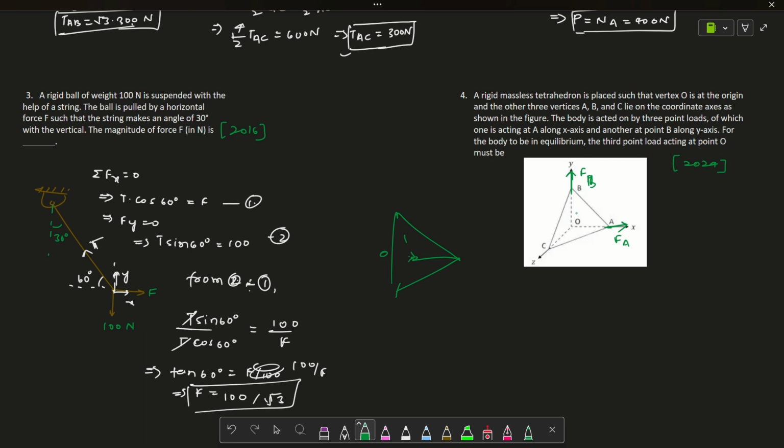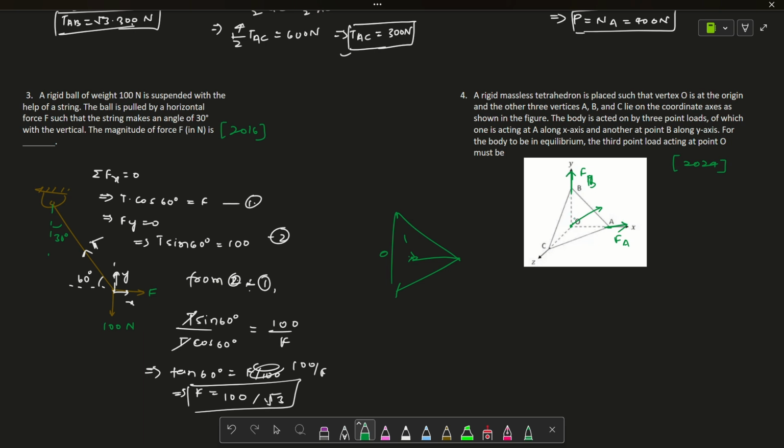I forgot to mention, there are some options, like the force should act in the yz plane, xz plane or xy plane, to keep the body in equilibrium. Since these two forces are coplanar, in the xy plane, the third force also acts in the same plane, xy, somewhere in between x and y.